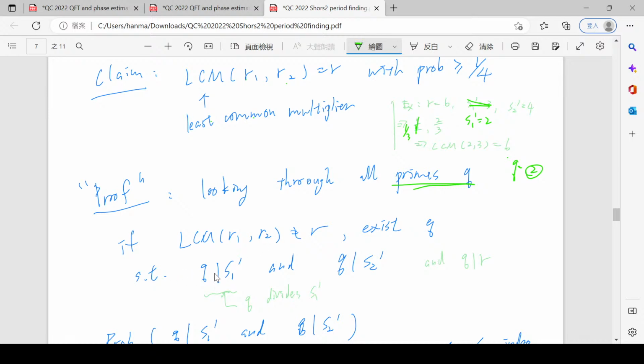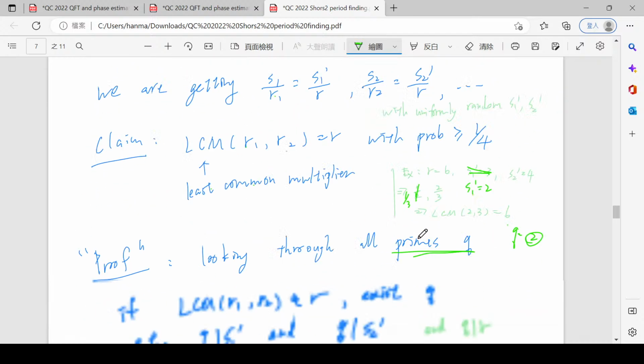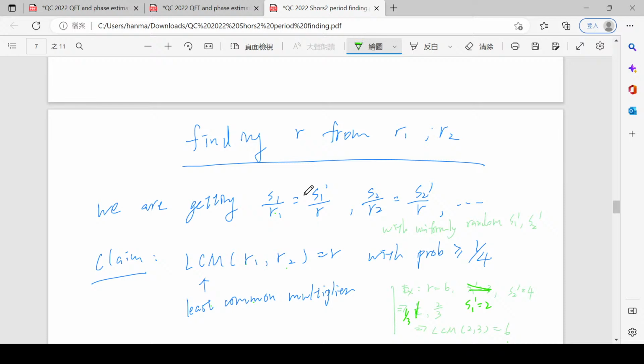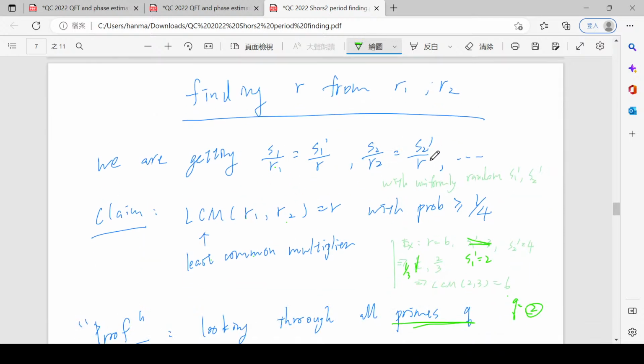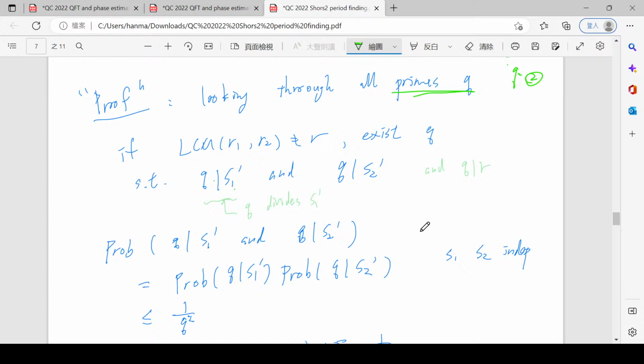If Q divides all those three, then when you look at S1, I should really use blue here, if Q is a factor of everything, then Q is going to be taken out in all those things, and you are not going to see Q, and that will cause you trouble.